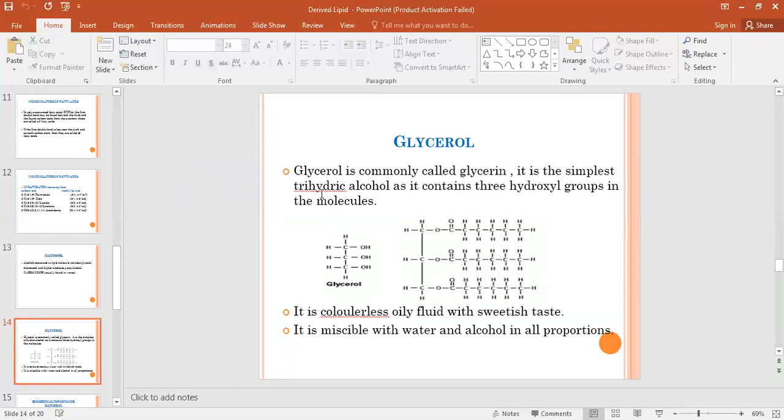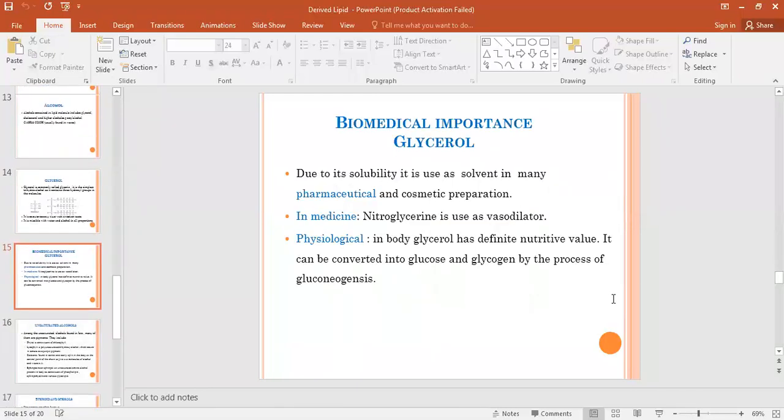It is the simplest trihydric alcohol, as it contains 3 hydroxyl groups in the molecule. It is found mostly combined with 3 fatty acids, forming triglycerides or fats. It is a colorless, viscous fluid with a sweetish taste. It is miscible with water and alcohol in all proportions.